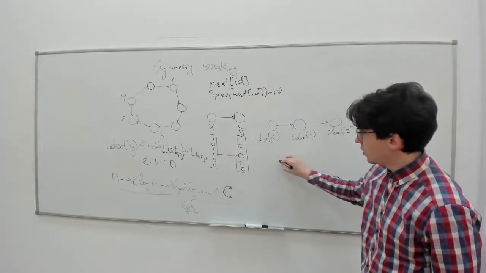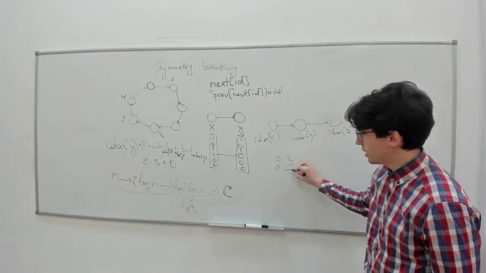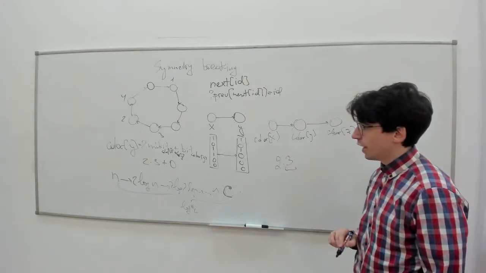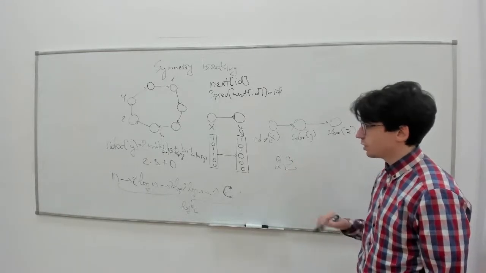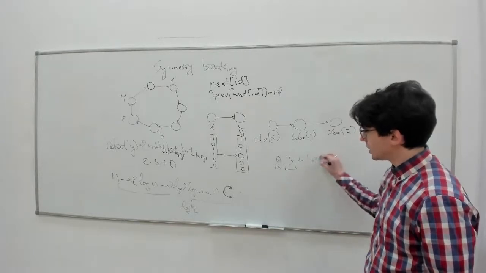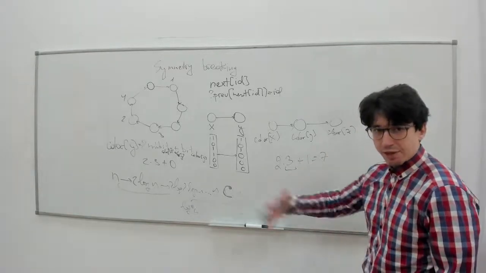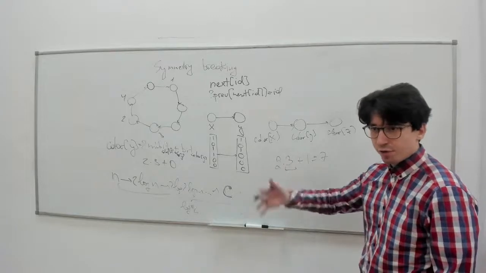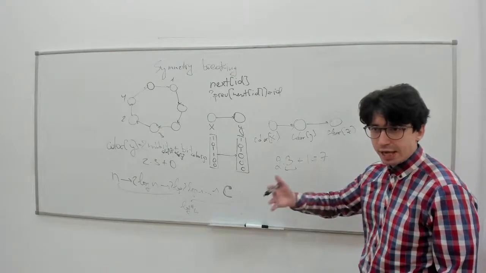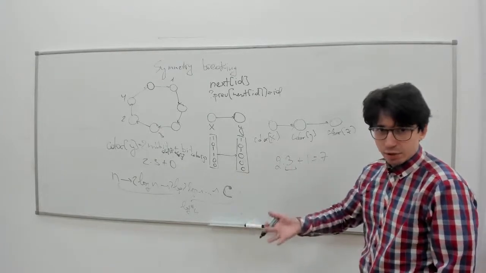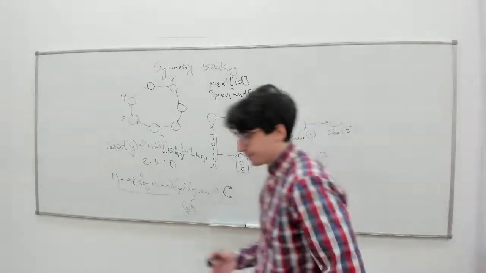Then the new color will be 2 times 3, because we have 3 bits. For 8, we have 3 bits, so it's 2 times 3 plus 1, so it is 7. So if currently the number of colors is 8, you cannot get fewer colors.